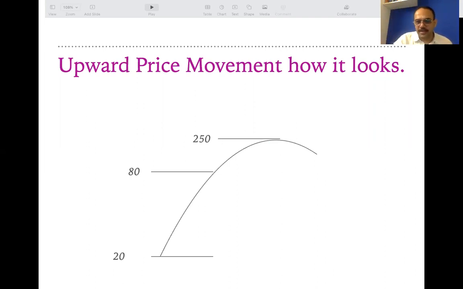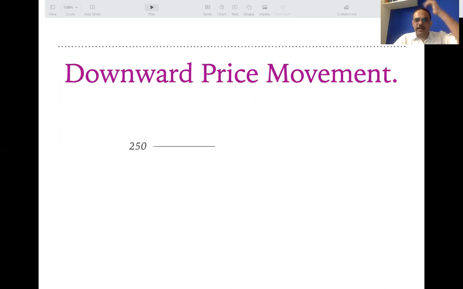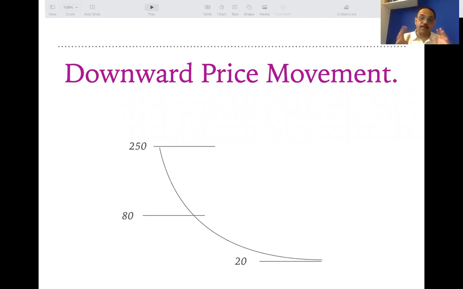If it starts falling down, like I explained in the example of tomato, coming down from 250 to 80 to 20, suddenly the buyers' enthusiasm will go up. They will say, "Arey wow, bahut badhiya price mil raha hai. It has come to a really good price, and it is a good price to buy the tomatoes."